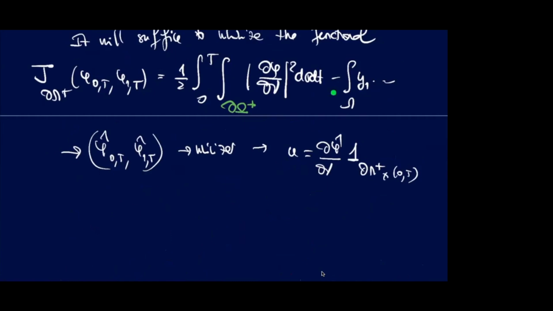And of course, the functional not being coercive means that this quadratic form doesn't have a lower bound. And whenever you apply a gradient descent algorithm, you will not even know whether you can take a step size rho which guarantees that this descent algorithm converges.